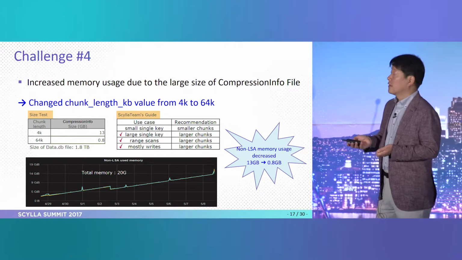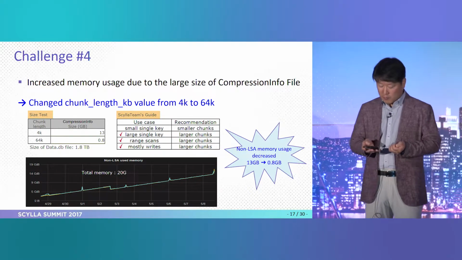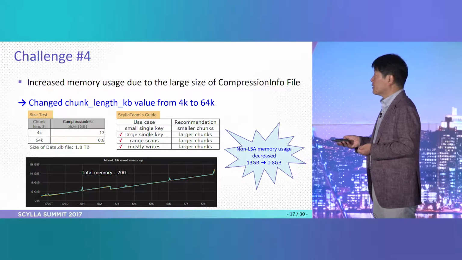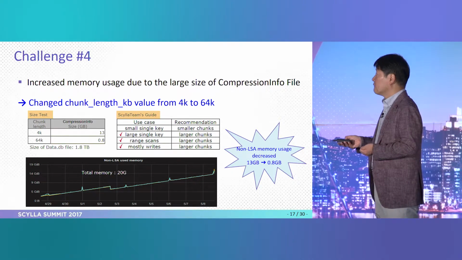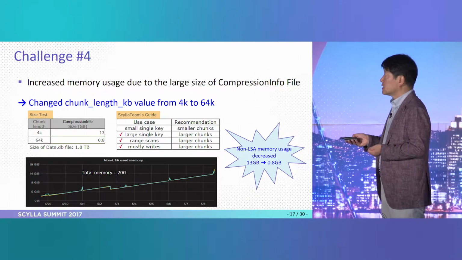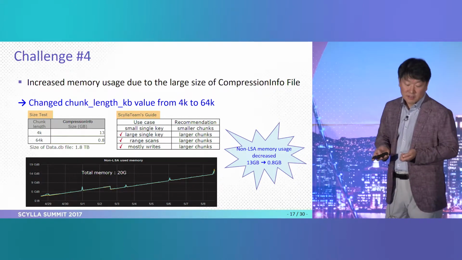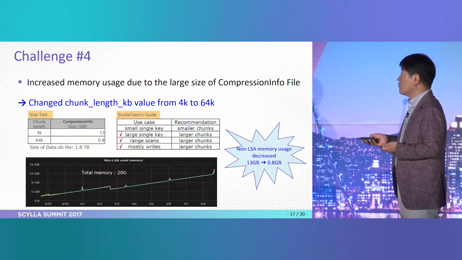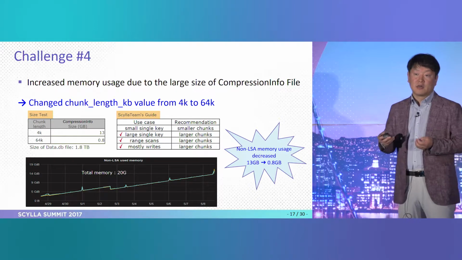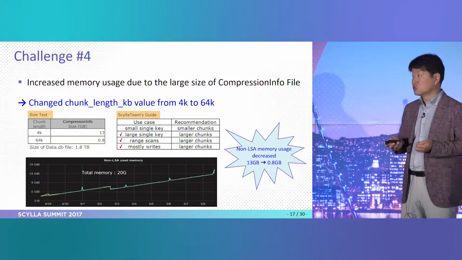The fourth challenge is about memory. As you may know, if the size of a data DB file is 1.8 terabytes, and if the chunk length is 4K, then the compression input size will be about 13 gigabytes. But the compression info should be cached in main memory, so it will cause some memory issues.